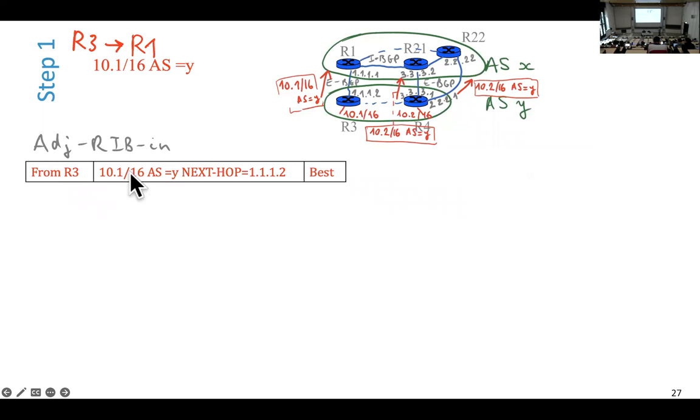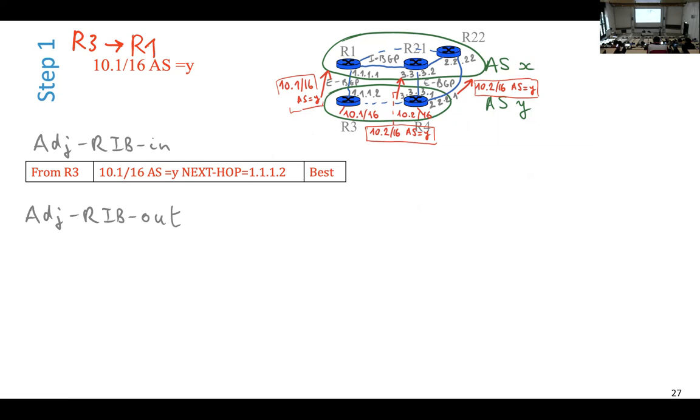Since it's the only thing, R1 will write it in the RIB that I have received this path from R3 to this network prefix for this AS Y, and the next hop is 1112. Next hop is an IP address that I want to reach the external sender of this route. And that becomes automatically the best, because that's the only route that we know to this network prefix.